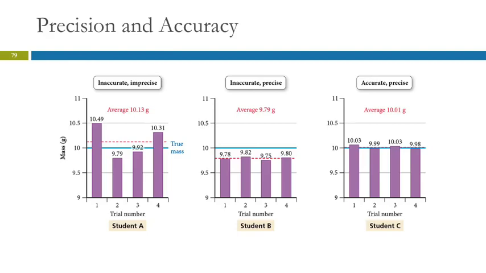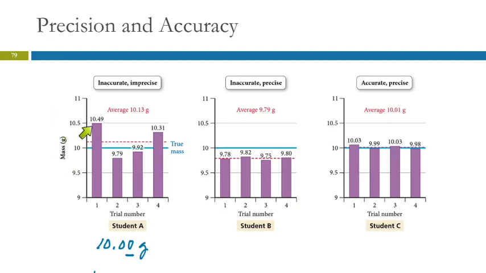When we have a true value that's 10.00 grams, where's the uncertain digit in that number? It's the last one. So we should be able to come to a value that only differs in the second decimal place. And here the average is 10.13. That's differing over here. That's not very good. So this is not accurate.